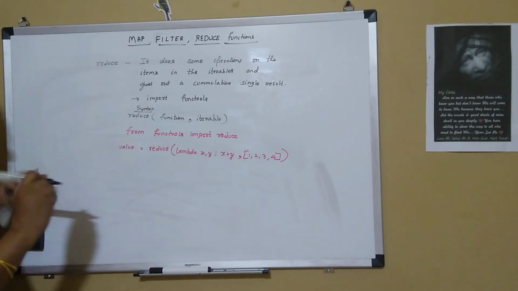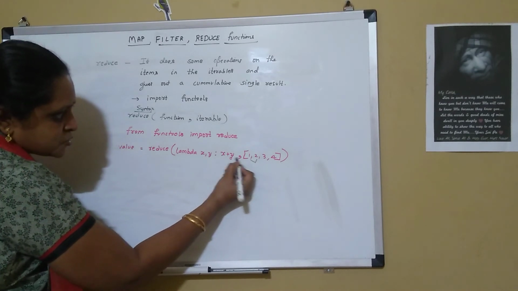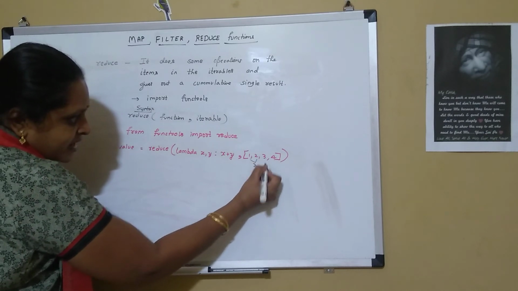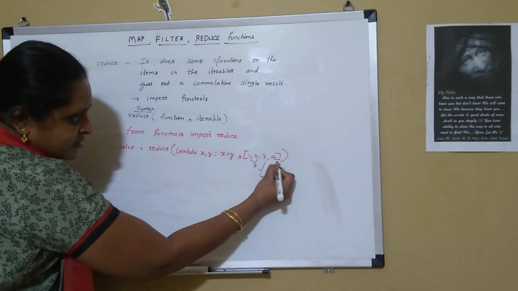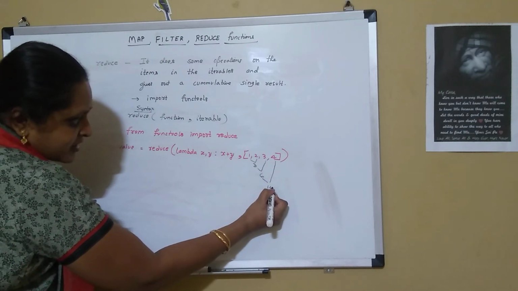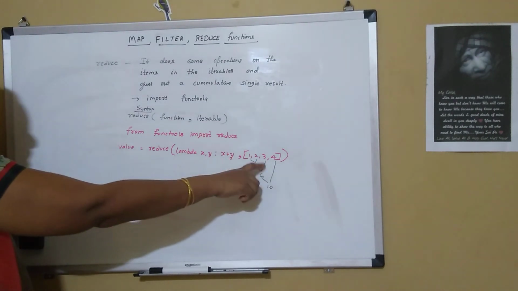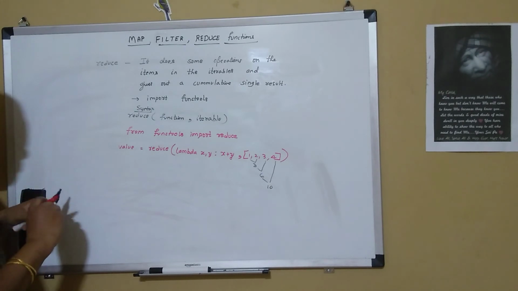It will perform this operation on the items of the list. First 1 and 2 get added: 1 plus 2, 3. This partial result will then be added to 3 and it will become 6. This result will be added to 4 and we get the output 10. So it does some calculations on the items of the list and returns a single cumulative value.